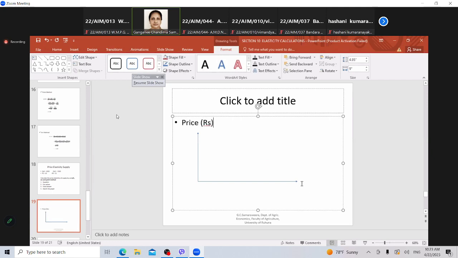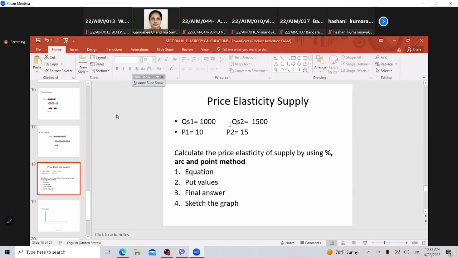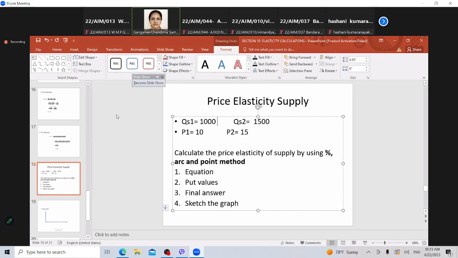Here it should be quantity supplied. Let's say I have given it in kilograms. So units are very important. Here prices are in rupees. At the price 10, the quantity is 1000.